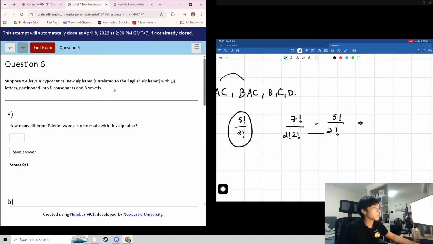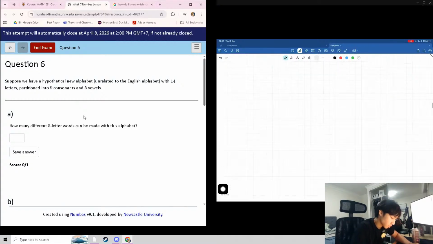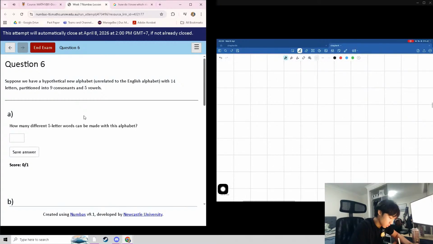Suppose we have a hypothetical new alphabet with 14 letters partitioned into 9 consonants and 5 vowels. Letters. 9 consonants. 5 vowels.